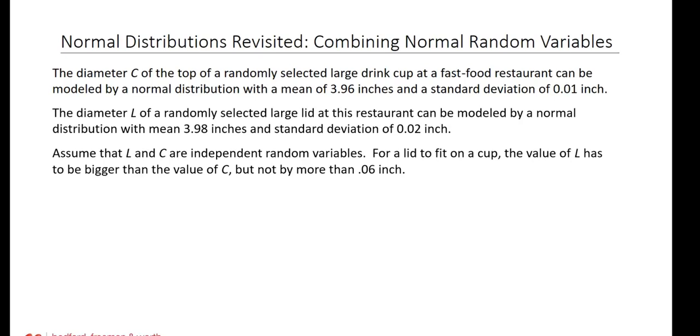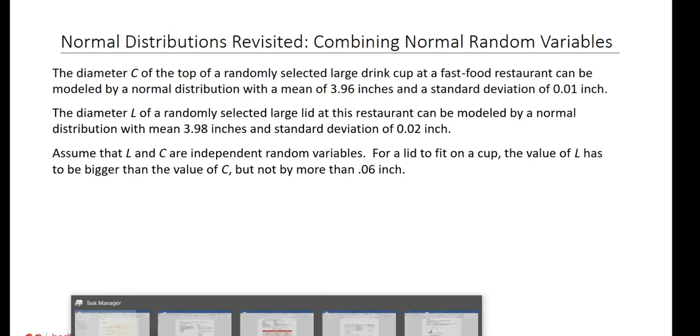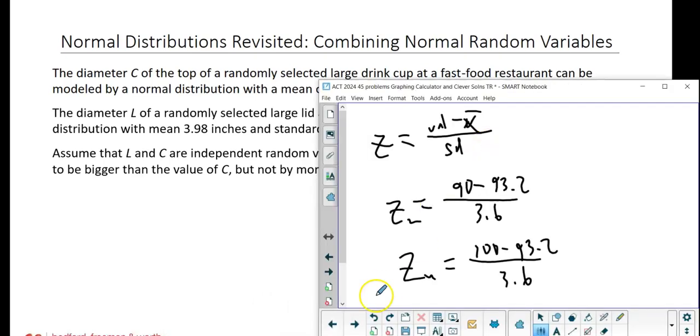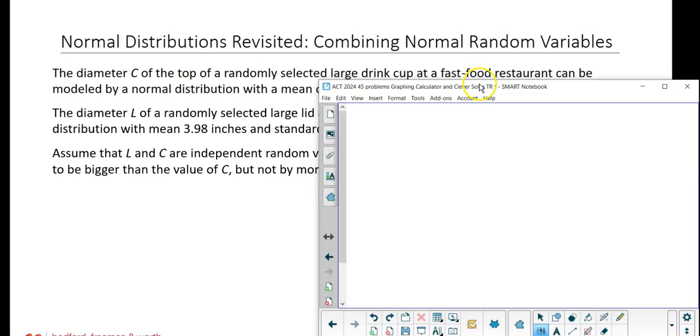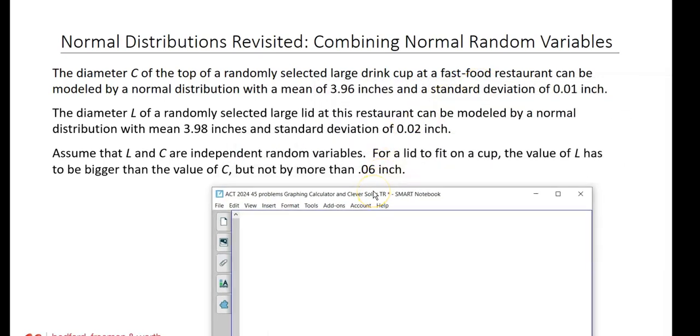Okay, so let's find the mean and standard deviation of these guys, right? So let's see if we can do this one. The mean of the cup was 3.96. The mean of the lid was 3.98. So let's see what we want to do.